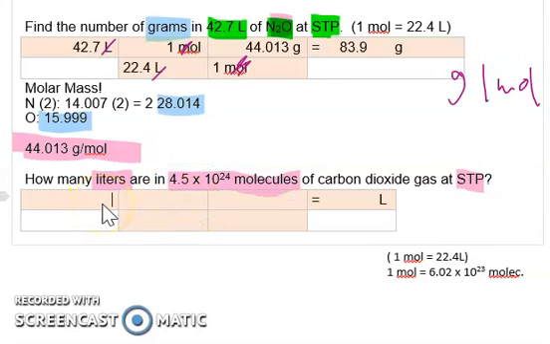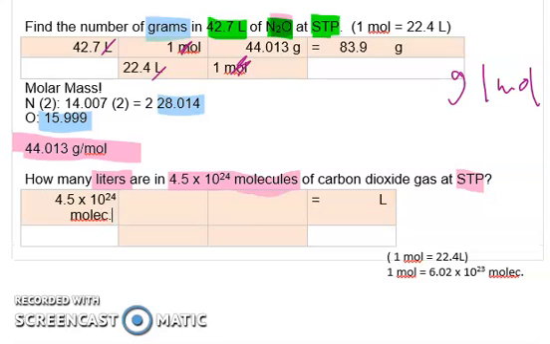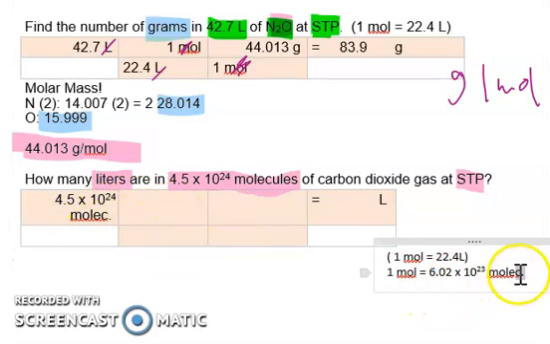So I started with 4.5 times 10 to the 24 molecules. Okay, because I have molecules and I need liters, I know that I need to cancel out molecules. And the one conversion that gives me the number of molecules is this one right here.